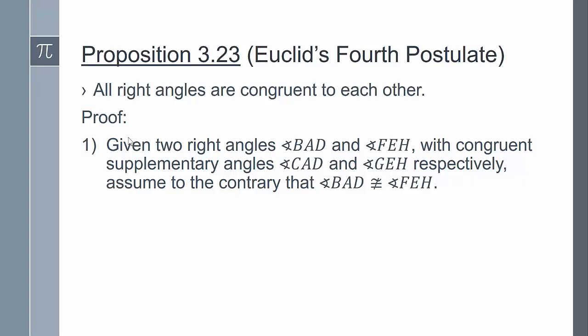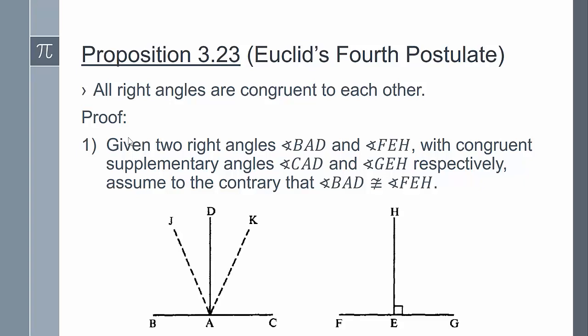And then we're going to assume to the contrary that angle BAD is not congruent to angle FEH. So here is a drawing of these right angles, and we're going to use these diagrams in our proof.